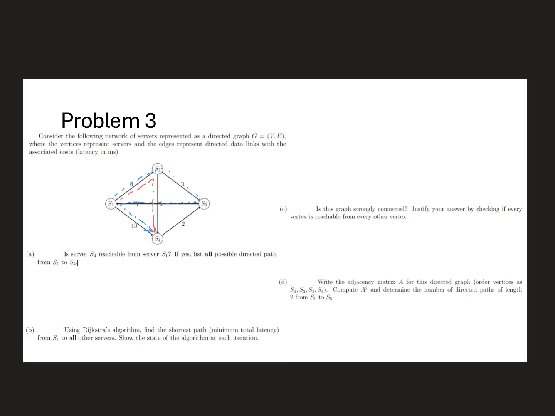So up, go down. Do we have any other path from S1 to S4? Yeah, we have the direct from S1 to S4. This is also the direct path, right? So we go here.